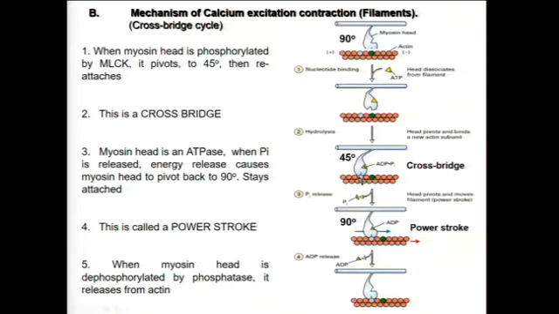But as I told you, when it's phosphorylated, it becomes an ATPase. It will hydrolyze that inorganic phosphate off. In doing so, it releases energy, it changes its conformation, and it snaps back to 90 degrees. When it's doing that, it pushes the actin past it. That's called a power stroke.